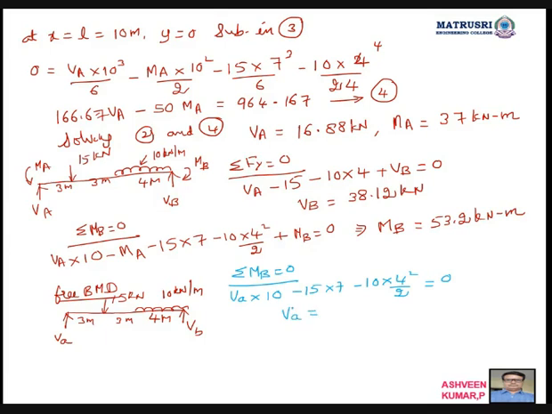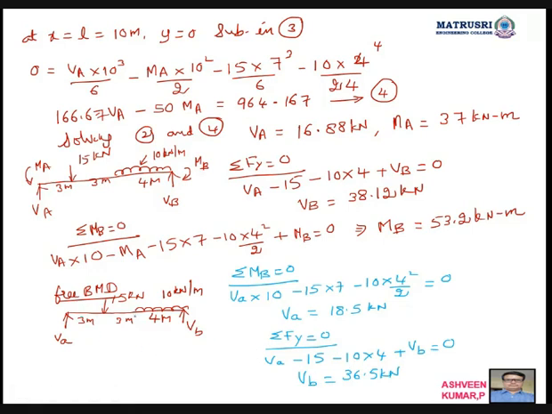VA, if you calculate, you will get 18.5 kilonewton. If you go for sigma Fy here, VA minus 15 minus 10 into 4 plus VB is equal to 0. Then substituting the VA value, I'll get VB as 36.5 kilonewton. Understood?